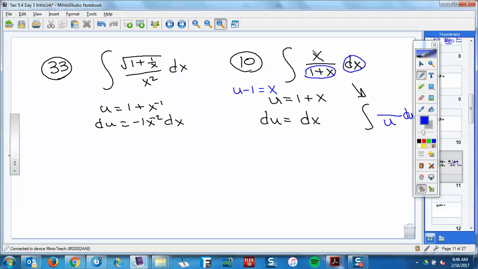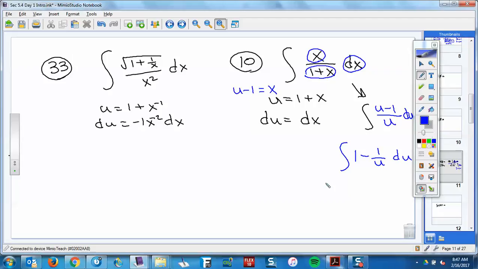So now we can, and this is where my circling comes in handy, because I replaced everything, but I haven't substituted out this x. But I now can, and I can put a u minus 1. Now you might look at that and think, well, that doesn't look much different than our original. Yeah, but it is, because it's got a single denominator, right? This has a single denominator. So now we can split that apart. So u over u is 1, 1 over u is that, and now we can do our antiderivative.